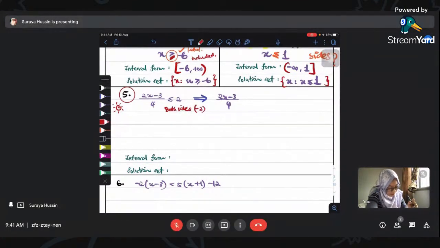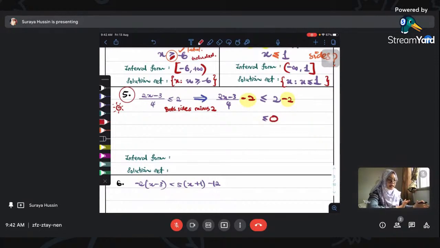Maybe I should write it down. Both side minus 2. Okay, macam ni tau. Saya memang literally both side minus 2 sebab saya nak jadikan kosong di belah kanan.